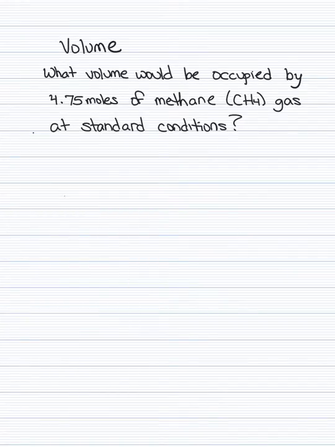Our next set of examples will be about volume. Our first question: what volume would be occupied by 4.75 moles of methane, CH4, gas at standard conditions? Going back to our mole map, we know that there are 22.4 liters of any gas at standard conditions in 1 mole.